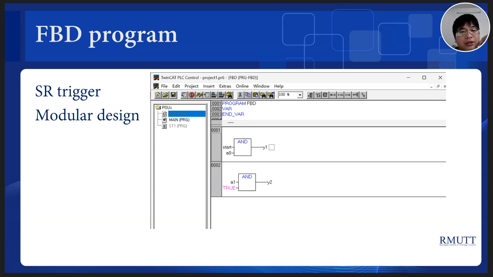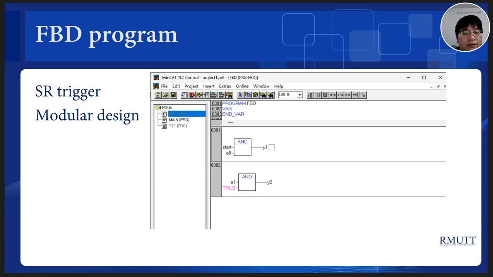This page shows the FBD program. FBD means function block diagram. In this method, I use SR trigger blocks to realize the set and reset function. Compared with LD, FBD is more modular and more visual in block form.